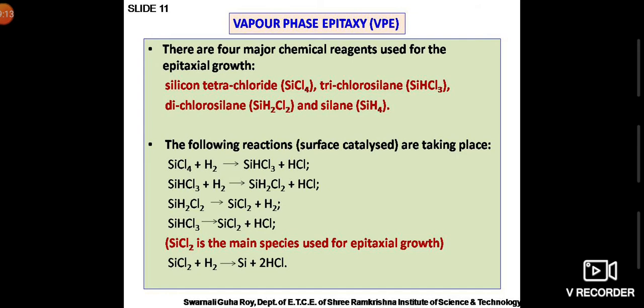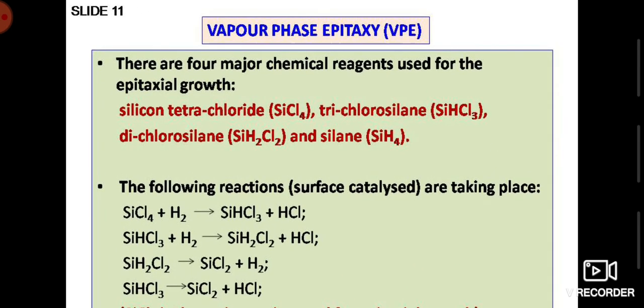As I already told you, vapor phase epitaxy involves certain chemical reactions. That is, as the name suggests, vapor. That means we have to use some gases. You can see the first point. There are 4 major chemical reagents used for the epitaxial growth. You have to remember the names of these chemical reagents. First one is silicon tetrachloride, SiCl4.